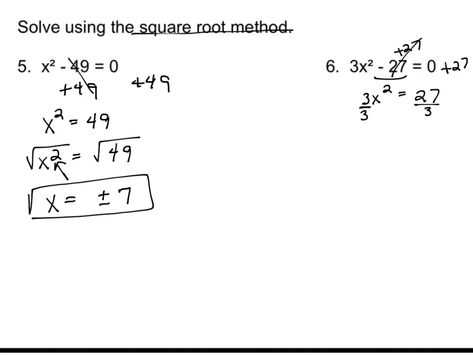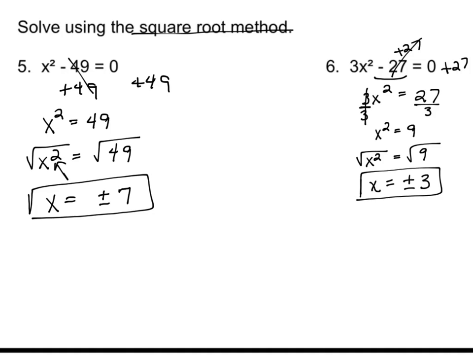In this case a 3. That becomes 1x squared is equal to 9. Now once you get x squared equals some number, you square root both sides. And so we end up with x is equal to plus or minus 3. And that is your answer.